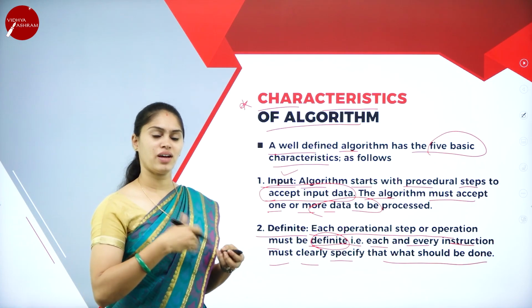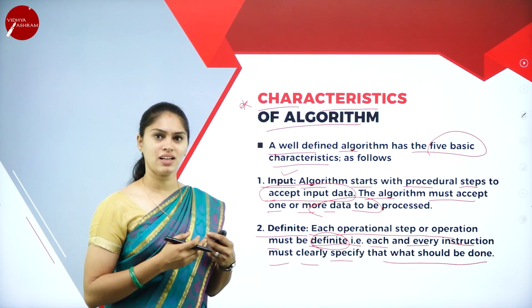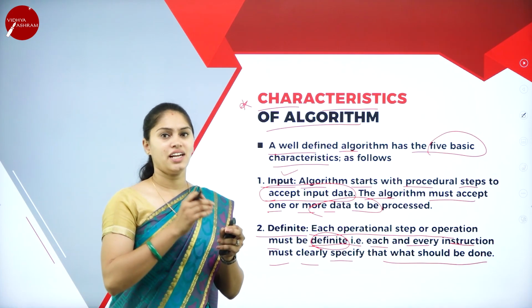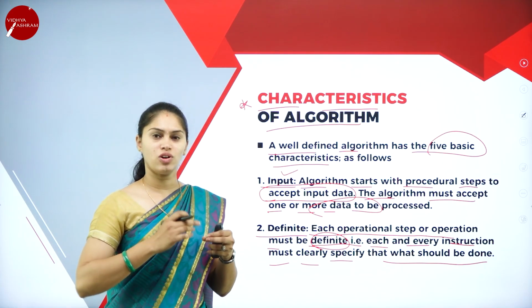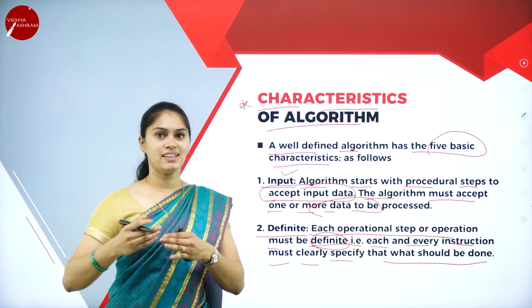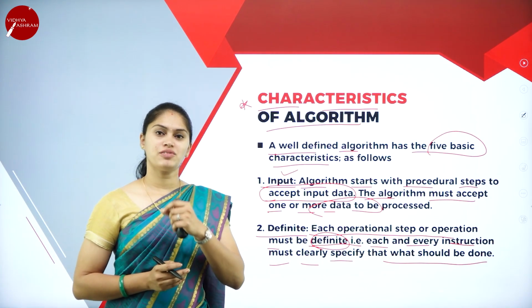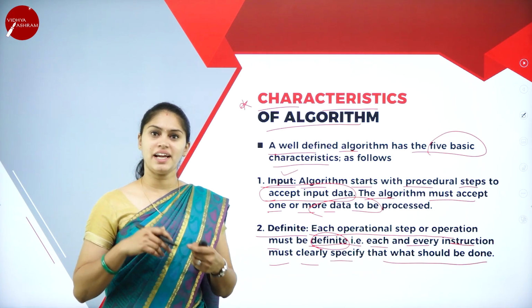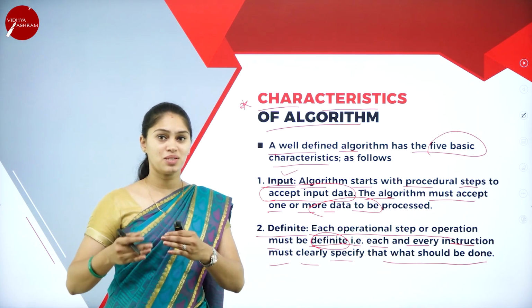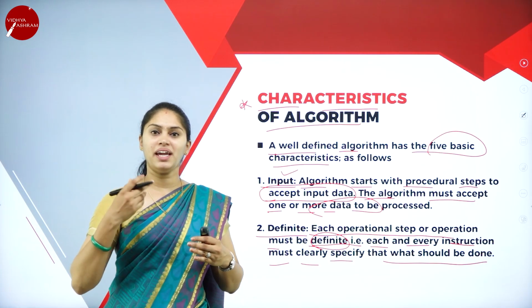For example, if I am going to search for the visiting card, it should be definite. Once it finds the match, then it has to stop the searching. Otherwise, it is going to search until the last one. If it does not find the match, then it has to return a value like there is no match. That must be the definite thing. It should not be infinite.